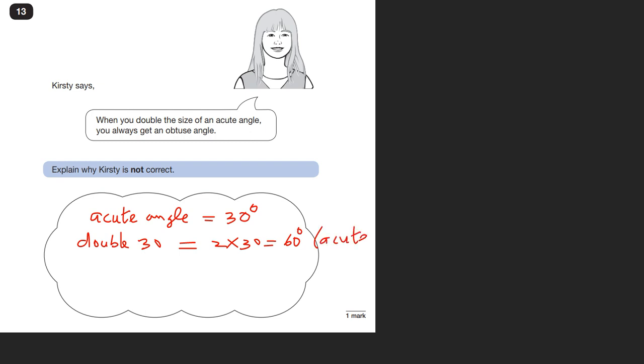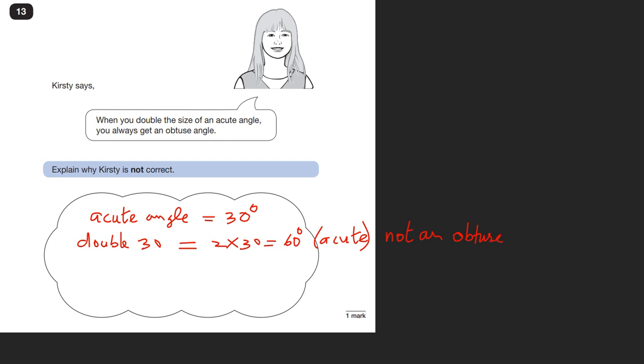So it's an acute angle, not an obtuse angle, right?